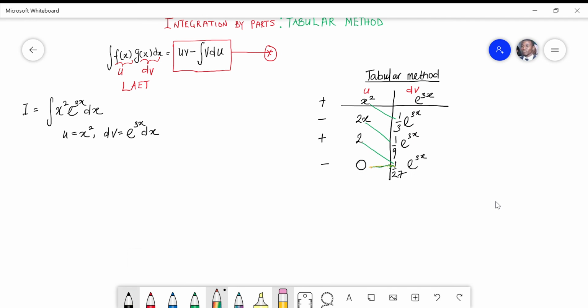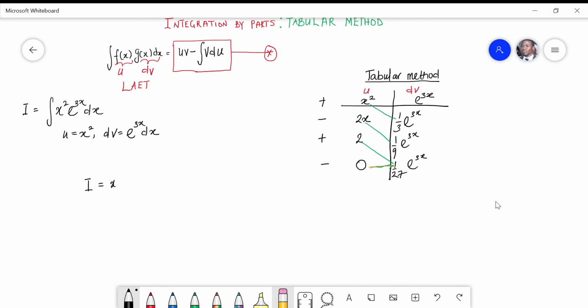So the next thing we're going to do is just to compute them together, right? So we have our integral I equal to, so you're marrying. So x squared is my 1 over 3 e^3x, right? So you have x squared. So remember, the sign there is positive, right?